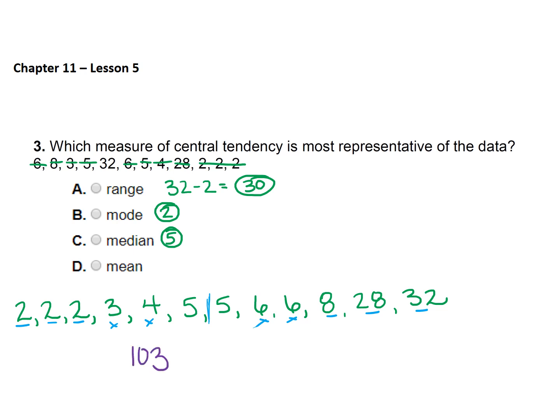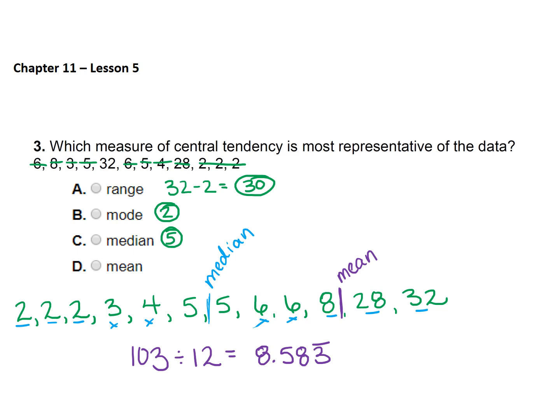There are 12 data points, so I'm going to divide this by 12 using a calculator, and I get 8.583, and the 3 is repeating. Now that point would be right here. So this is where the mean is, and this is where the median is.